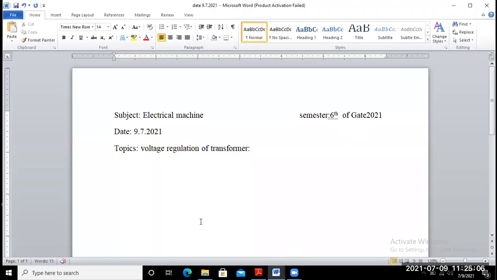Okay. So today we are going to solve some problems based on voltage regulation. Just consider one problem, that means a single phase 20 kVA transformer.